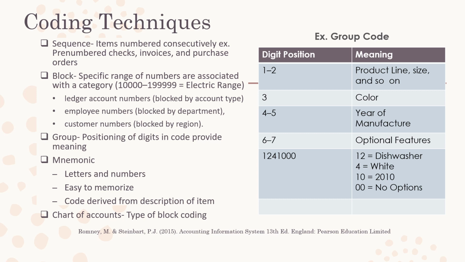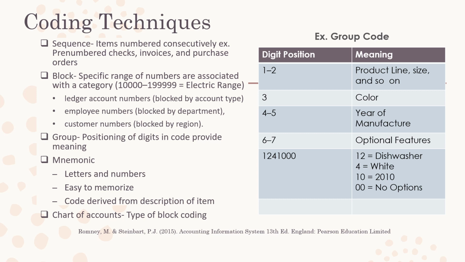For the block code system, blocks of numbers are reserved for specific categories of data. An example here is the major product categories. So 10,000 to 199,999 is for electric range.